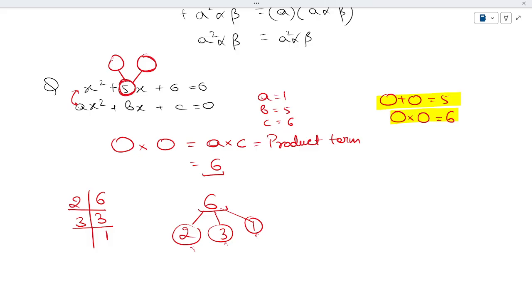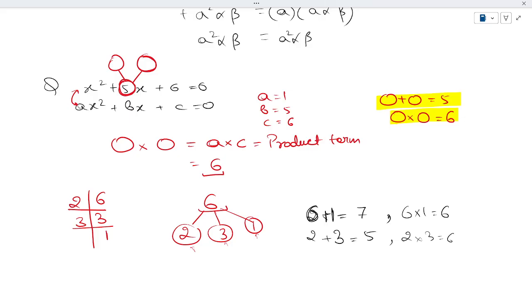If we take 6 and 1, multiplying 6 into 1, we get 6, and 6 plus 1, we get 7. If we take 2 and 3, 2 into 3 is 6, and the addition, 2 plus 3, is 5.